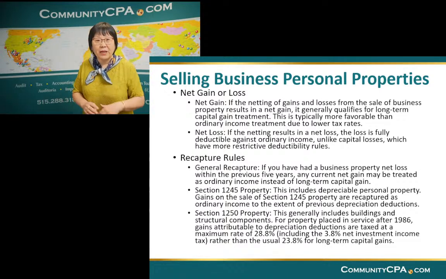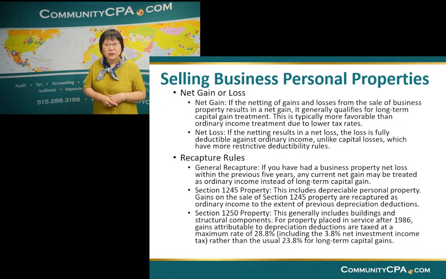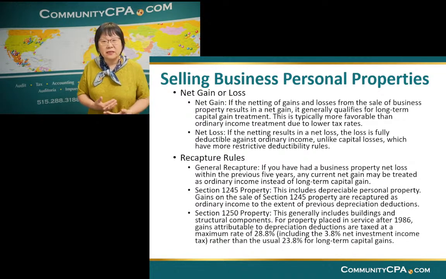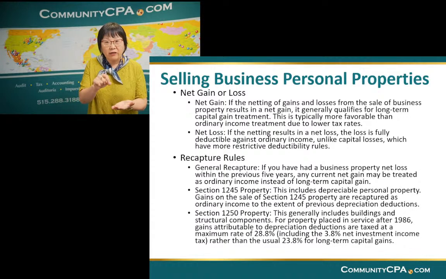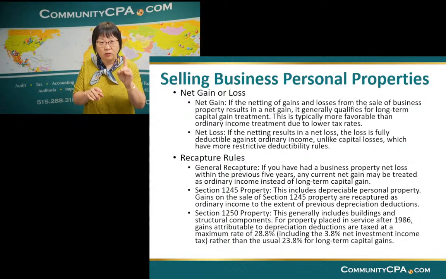And those gains attributable to the depreciation deductions are taxed at a maximum rate of 28.8%. Actually, this is the 25% maximum plus 3.8%. That's why we have 28 with that.